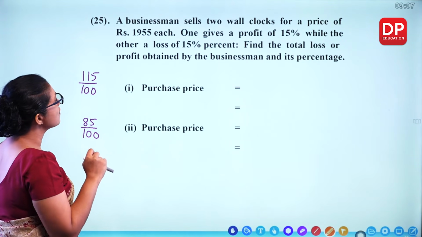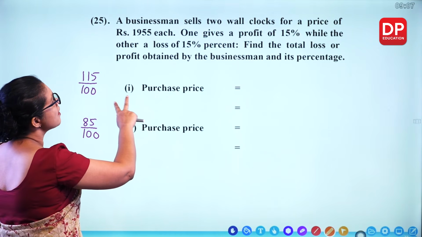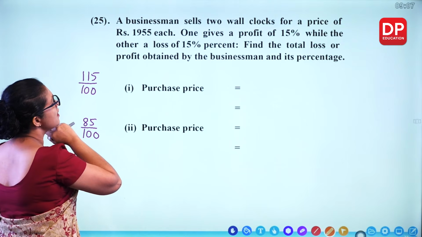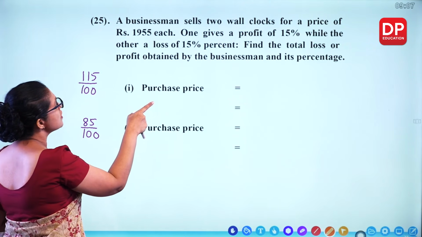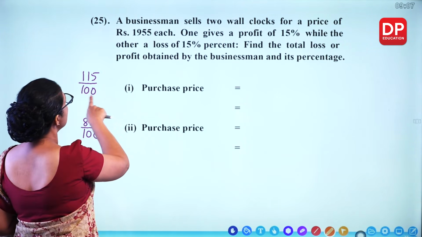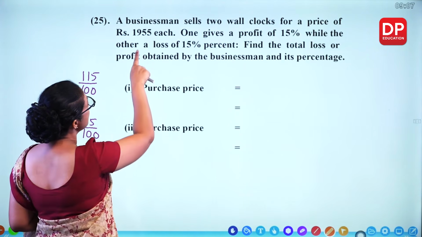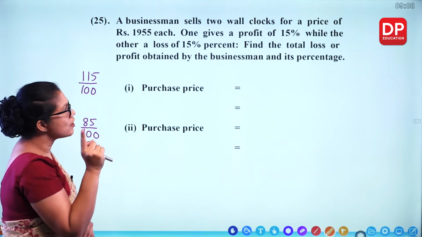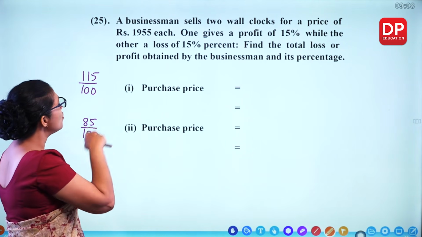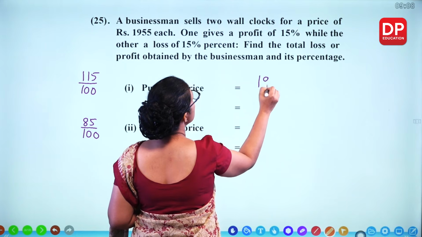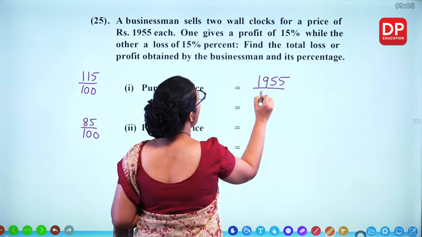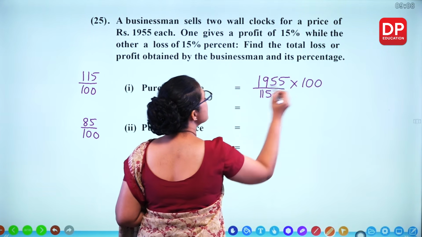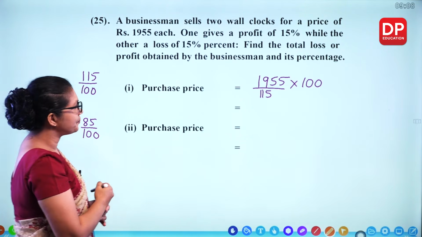So we'll take the first clock. This is with 15% profit. So what's the purchase price? The selling price is 1955, that's with the profit of 15%. So we have to do the other way around. So 1955 for 115 parts, and for 100 is the purchase price.